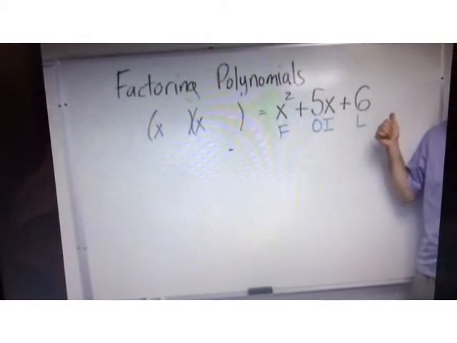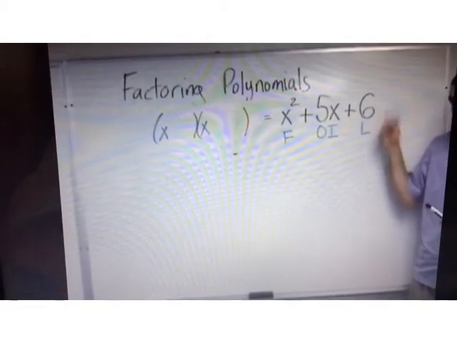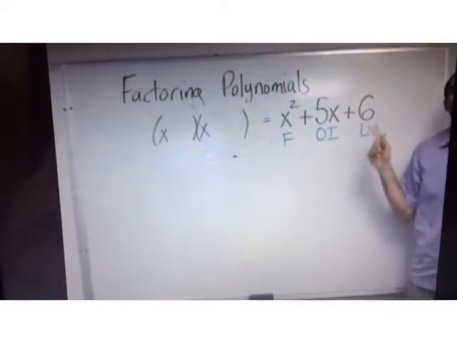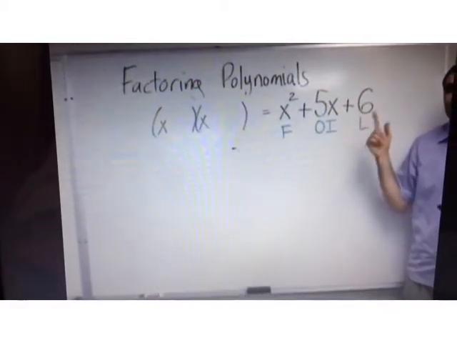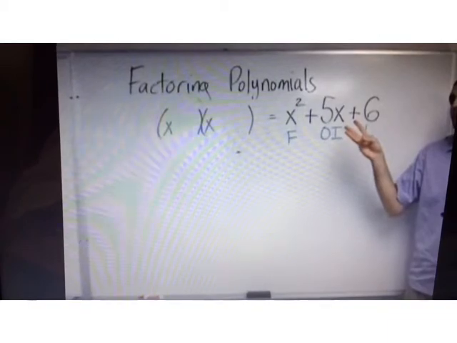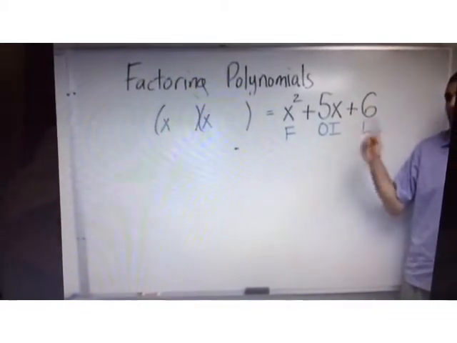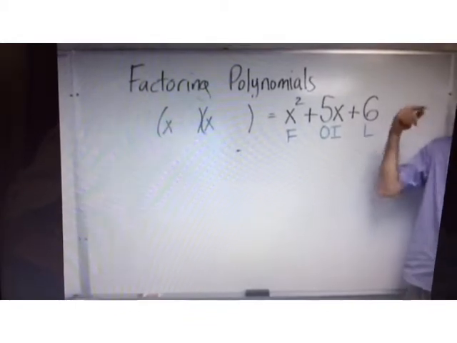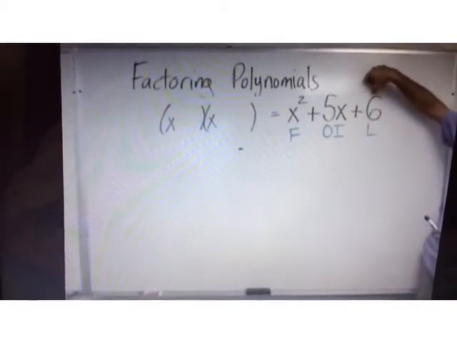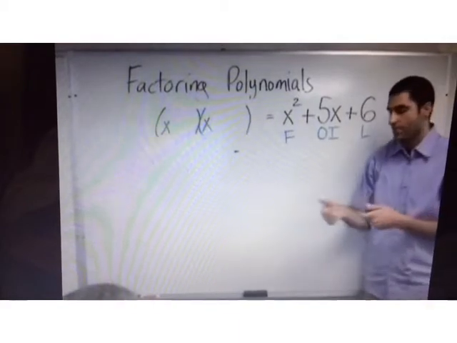O and I you have to add. So 1 times 6, 2 times 3, or 3 times 2, or 6 times 1. Keep that in the back of your mind. Think of all the numbers that multiply to 6, factors.